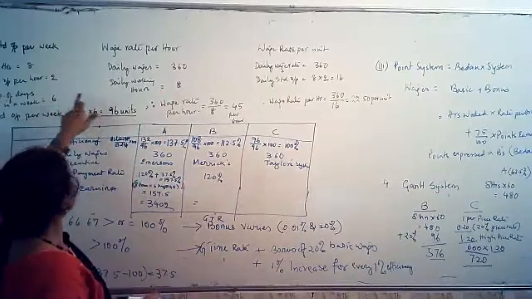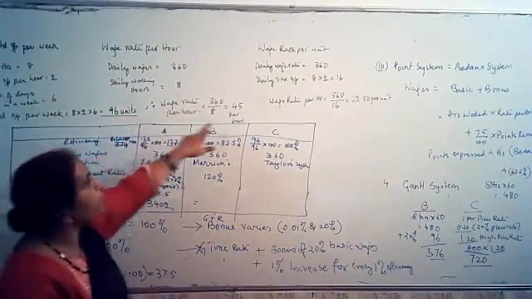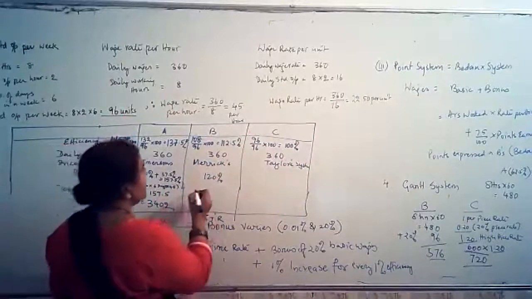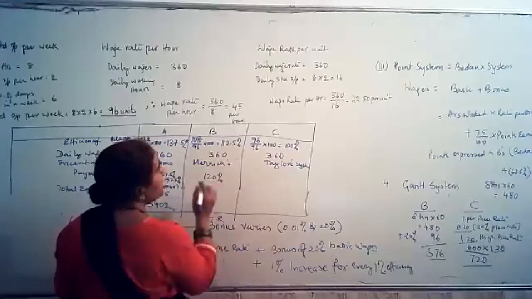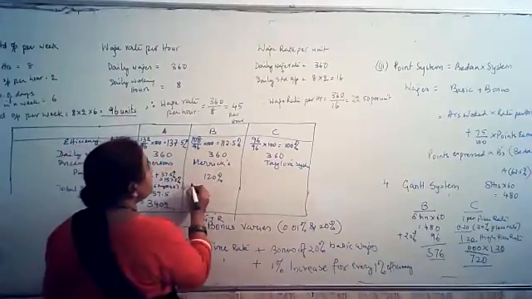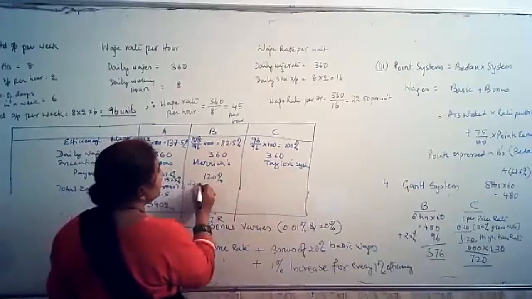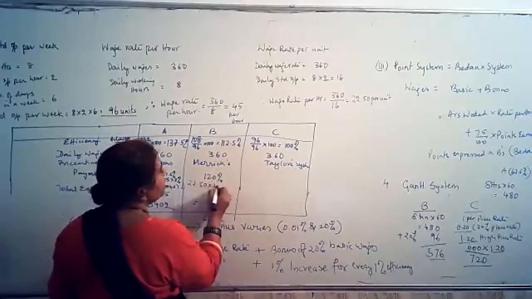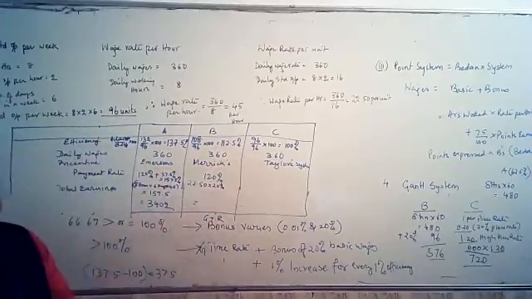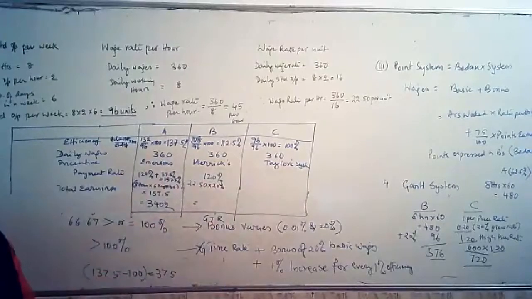We have calculated the wage rate per hour, 22 rupees 50 paise. There it is. So 22 rupees 50 paise into 20% extra he will get. It is output based.